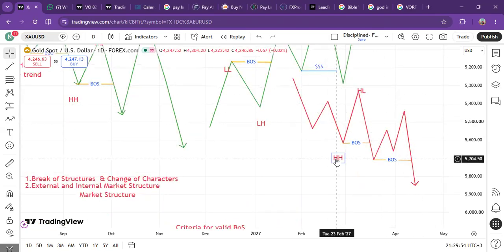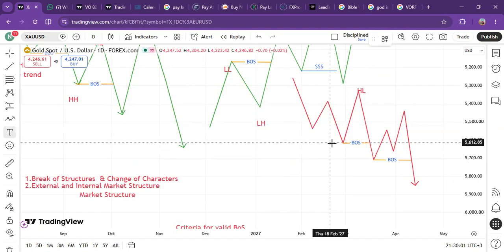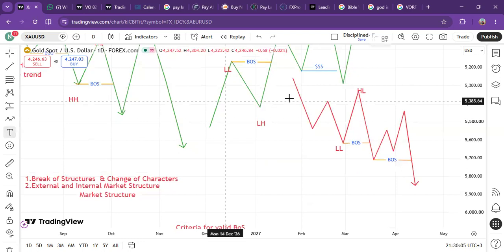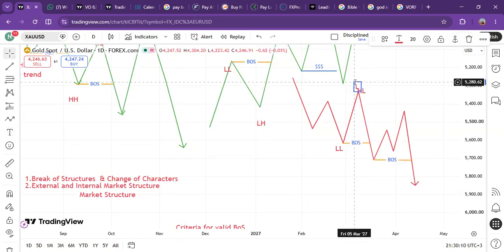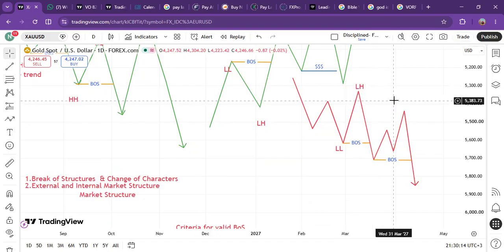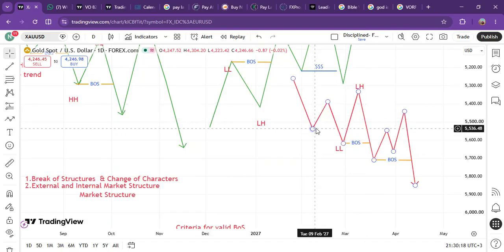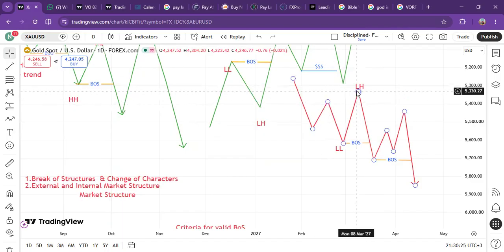So if you have your lower low, and here we have our lower high. Where do we have our highest point? This is not the highest point, so we do not have our breakout structure here, because the market swept liquidity above this point, giving us a new high.